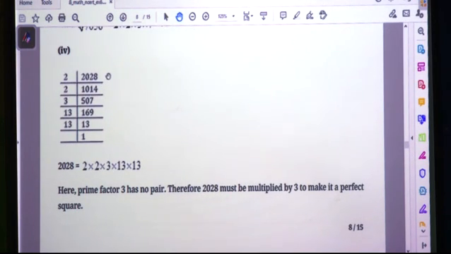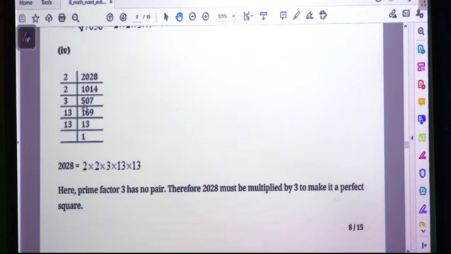2028. 2 1s are 2, 0 as it is, 2 1s are 2, 2 4s are 8, 2 5s are 10, next number is smaller, 0, and then it is becoming 14, 2 7s are 14.